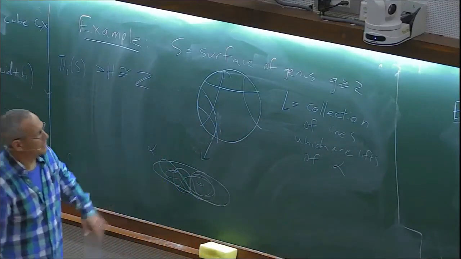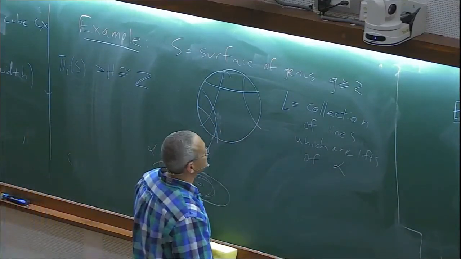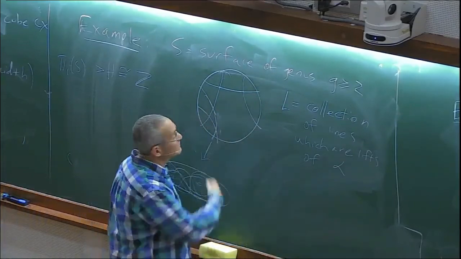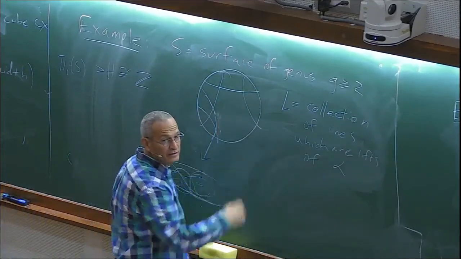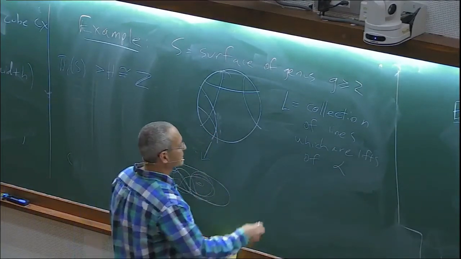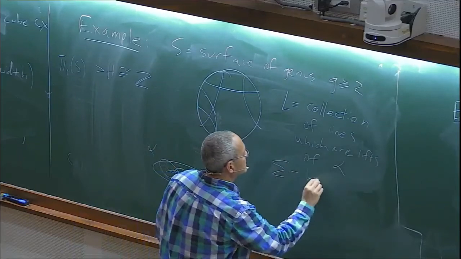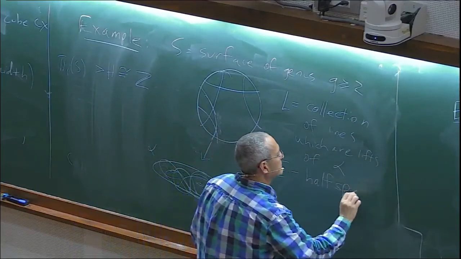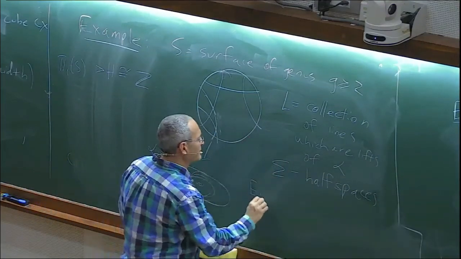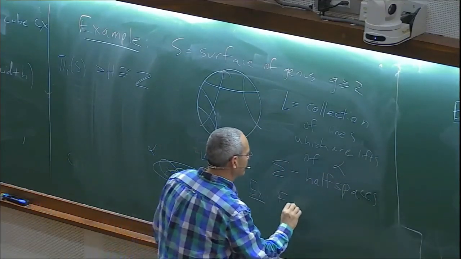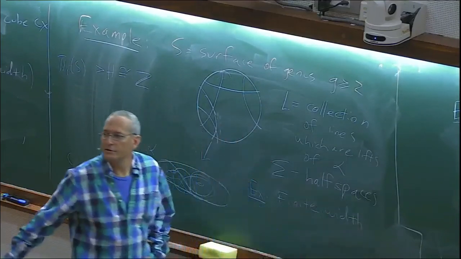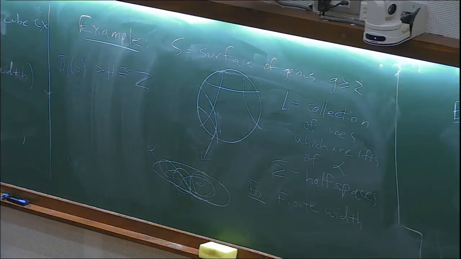So you think about that. And then you have this nice pattern of lines, so you get a space with walls. Each one of these lines separates the plane into two half spaces. So sigma is the nice collection of half spaces. That's a nice exercise in hyperbolic geometry, that this has finite width. Try to convince yourselves of that.